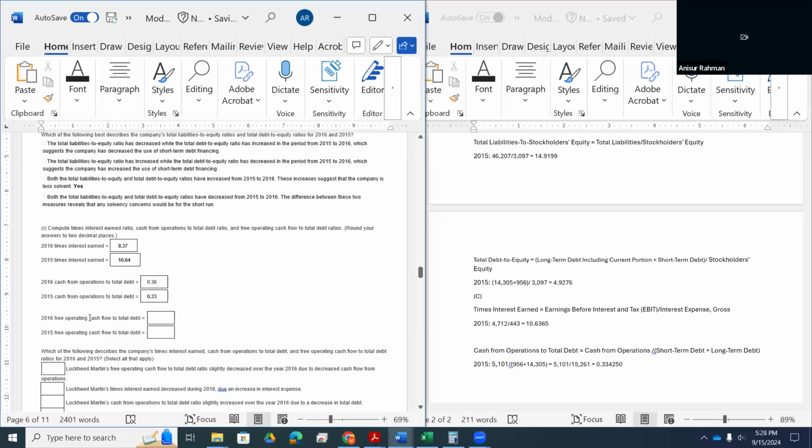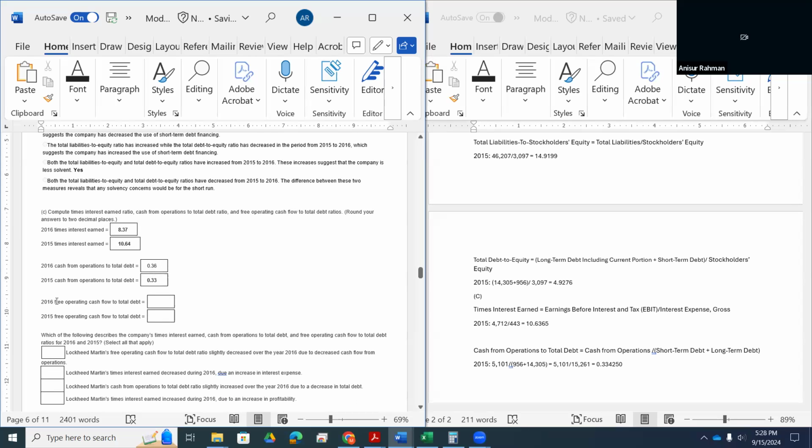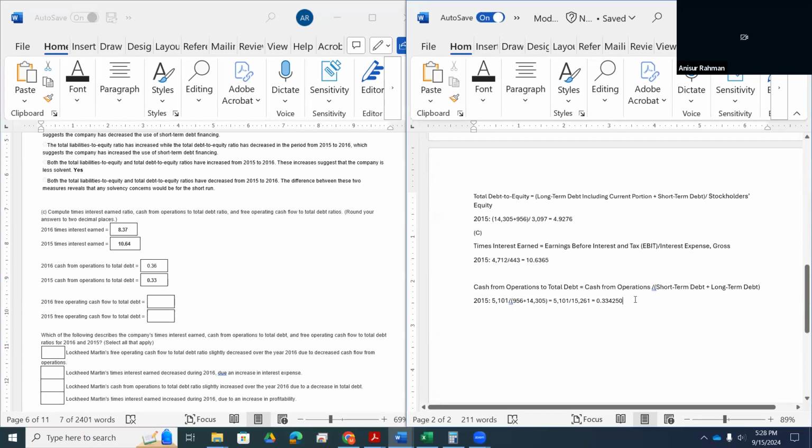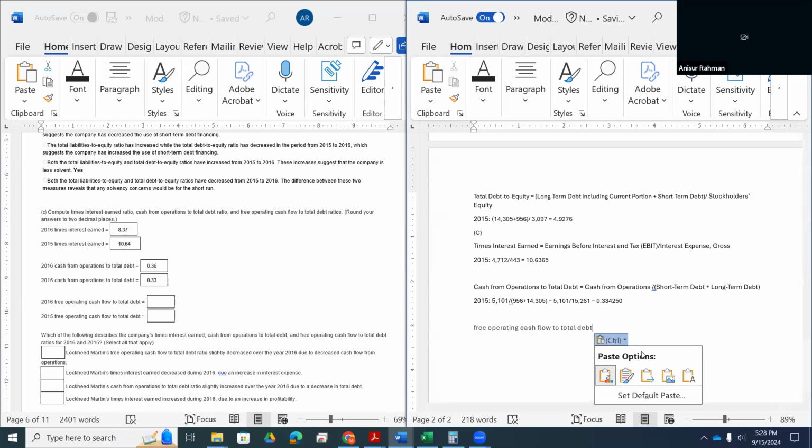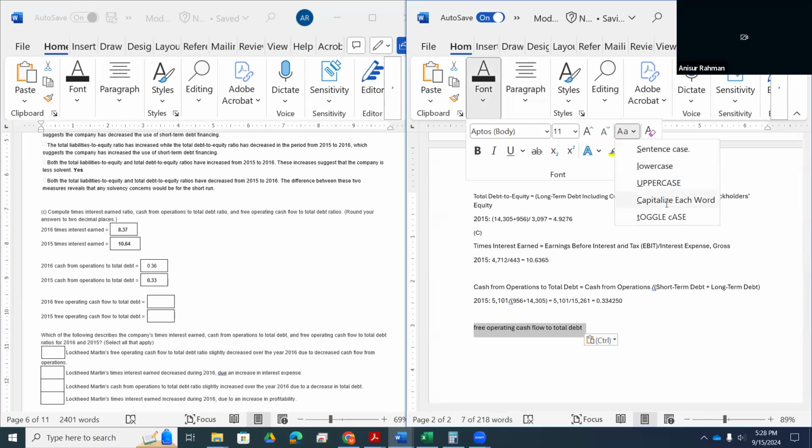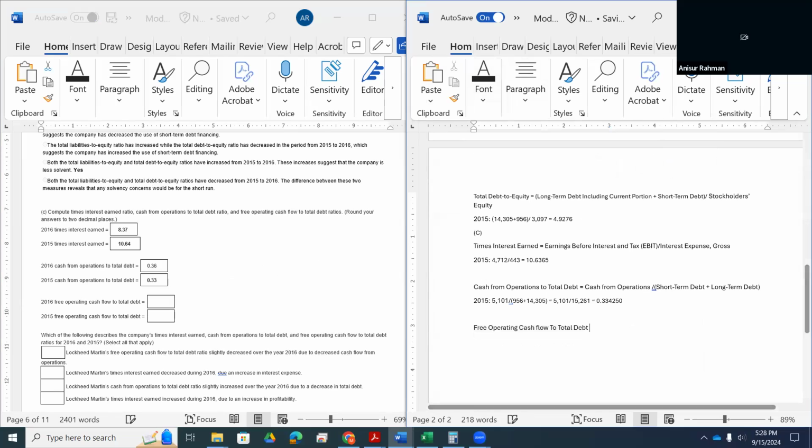The next ratio is free operating cash flow to total debt. So this will be equal to our cash from operations, like before, but we'll subtract capital expenditure, in short, CapEx.